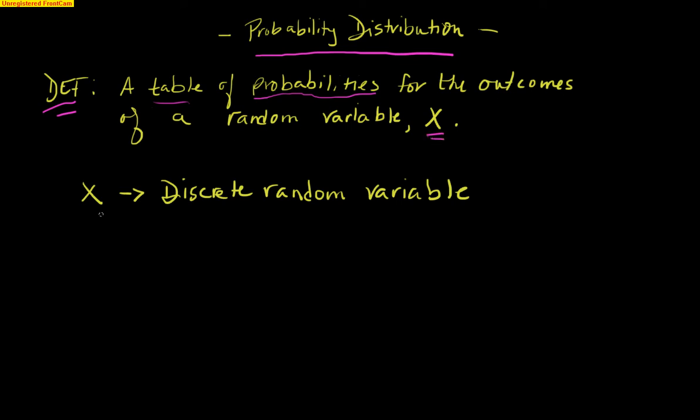Now that's a very fancy way of explaining this variable, which is just whatever it is that we're doing or whatever our experiment is. For our purposes today, we are only going to be looking at what we call discrete random variables. Later, we'll get into continuous random variables, but discrete random variables just mean that our variables are countable.